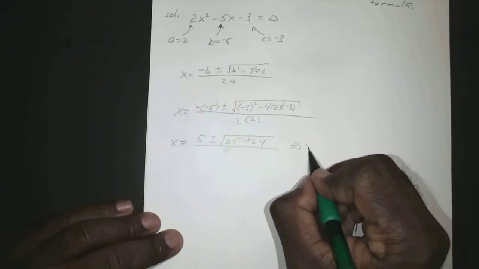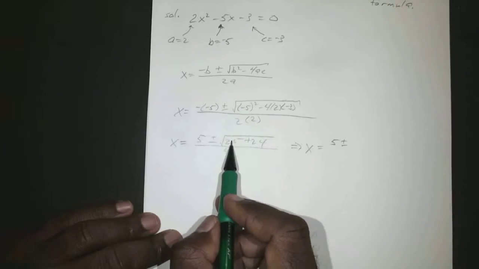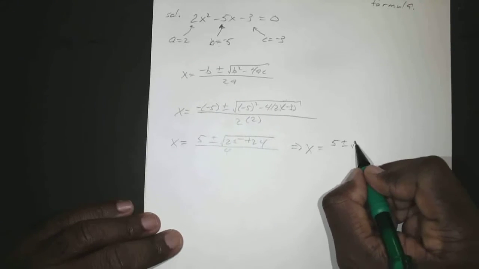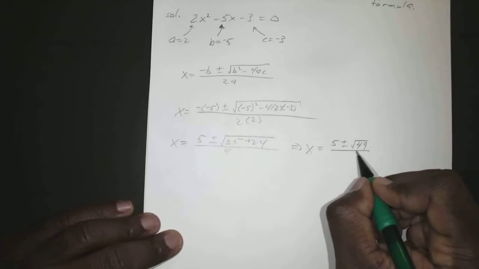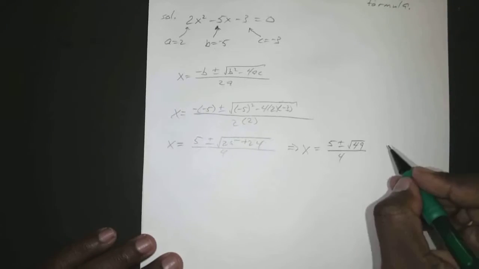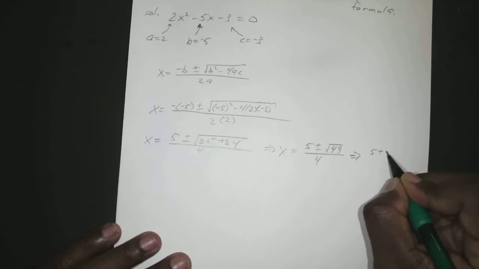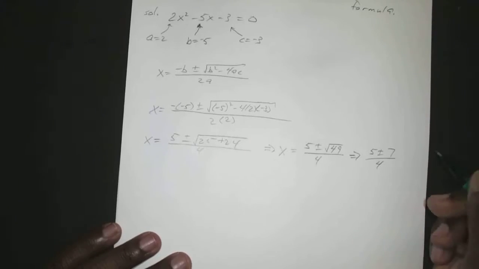Okay. So you end up with x equals 5 plus or minus the square root of 25 plus 24, which is 49, over 4. Since the square root of 49 is 7, we know it's equal to 5 plus or minus 7 over 4.